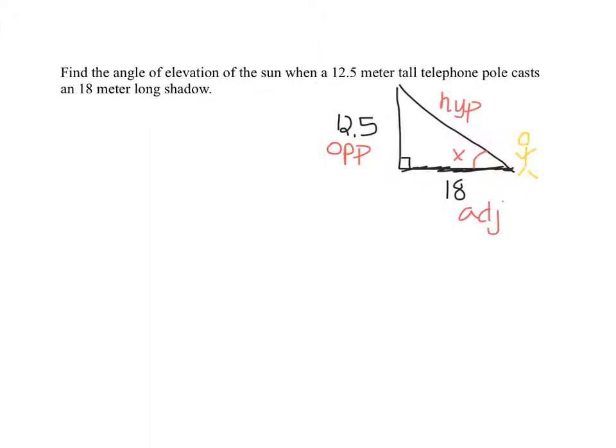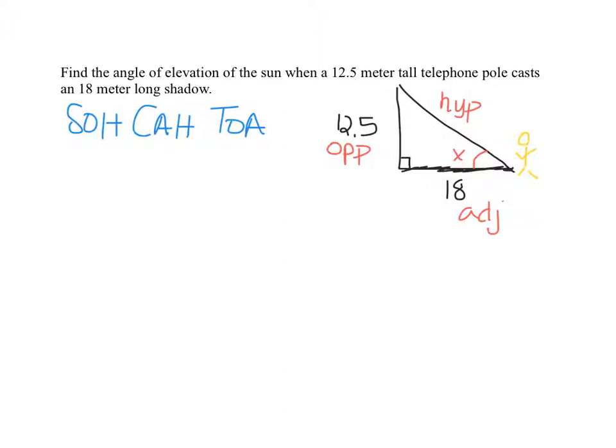So if I were to pick a trig ratio, remember we know that the mnemonic device is SOHCAHTOA. I would look at what I'm given. And here's what I know. I know the opposite side, and I know the adjacent side, and I'm trying to find the angle.